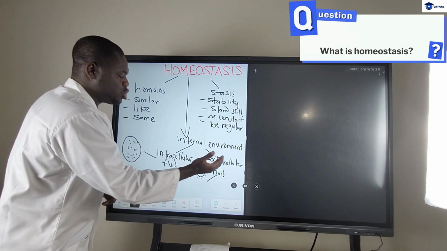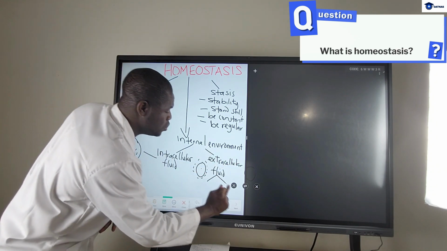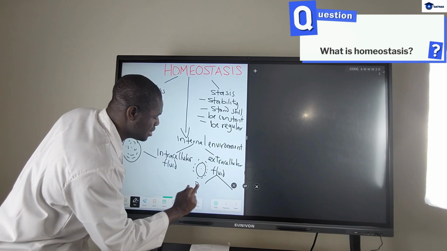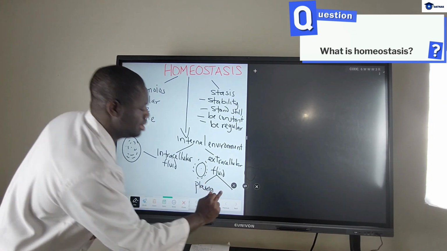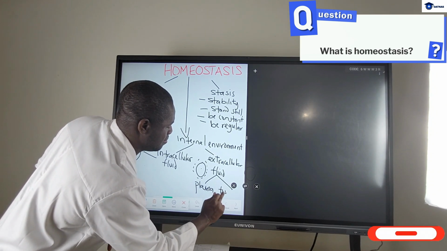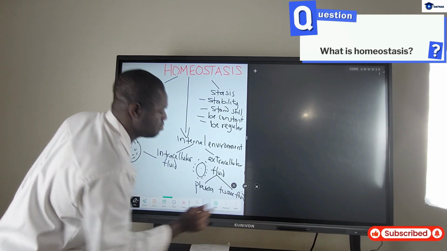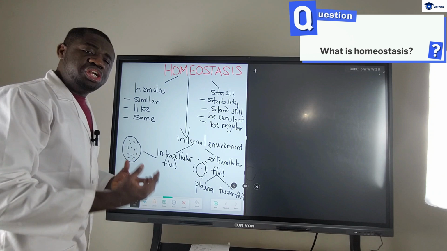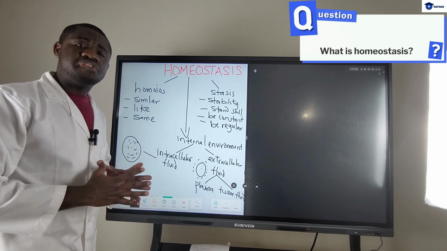And this extracellular fluid can be divided into two. We have the plasma and the tissue fluid. The tissue fluid is also called interstitial fluid.